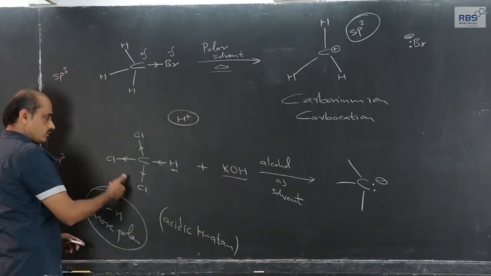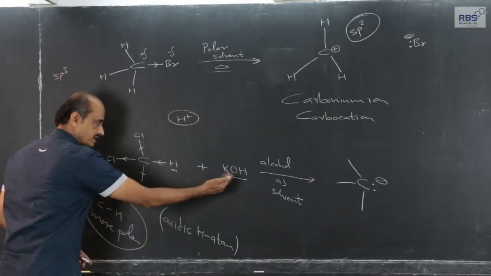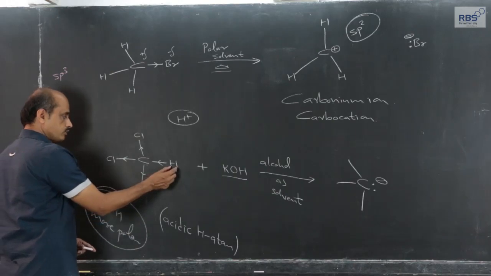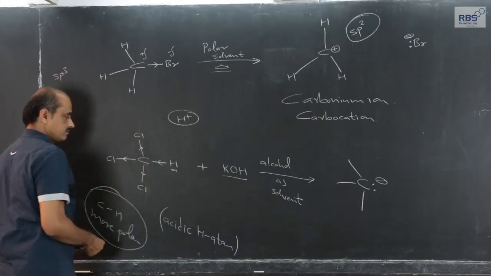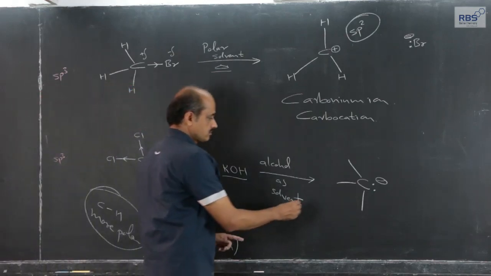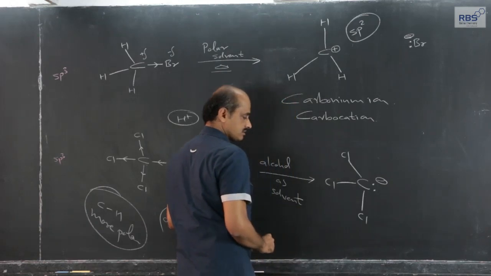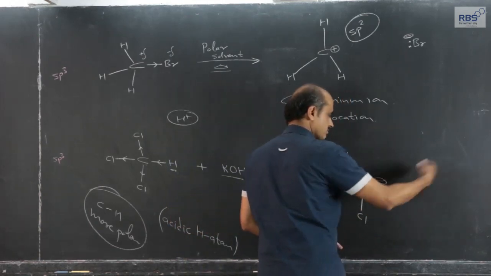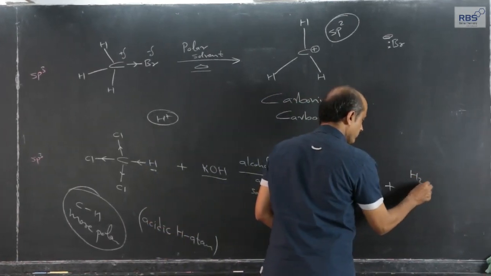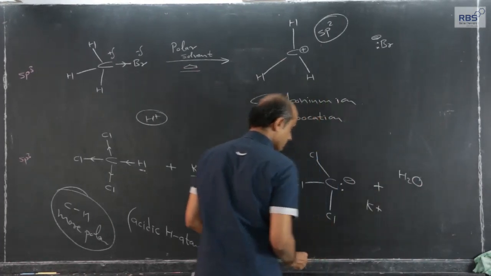Here, because of 3 chlorine atoms and in presence of suitable reagent base KOH, hydrogen goes out in the form of H plus ion. So, this electron pair remains with carbon, giving rise to negatively charged carbon plus the hydrogen which goes out, it will form H2O, the potassium K plus ion is there.